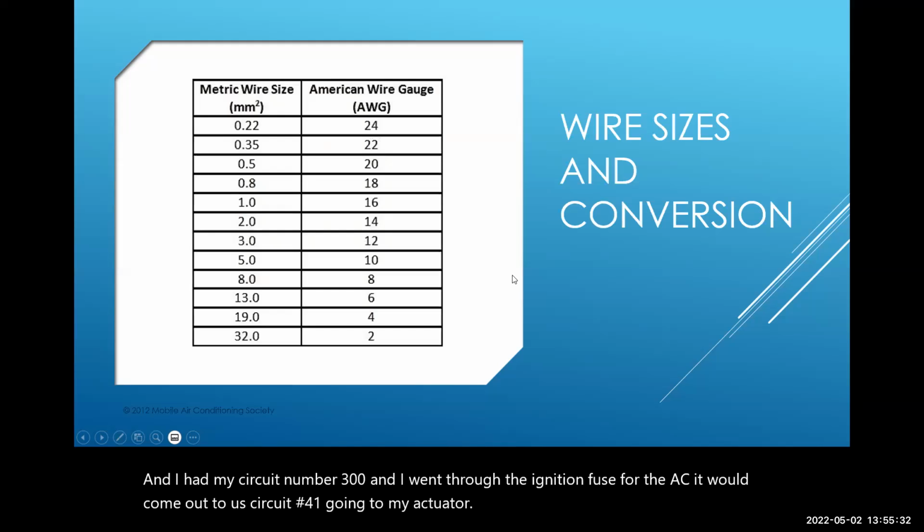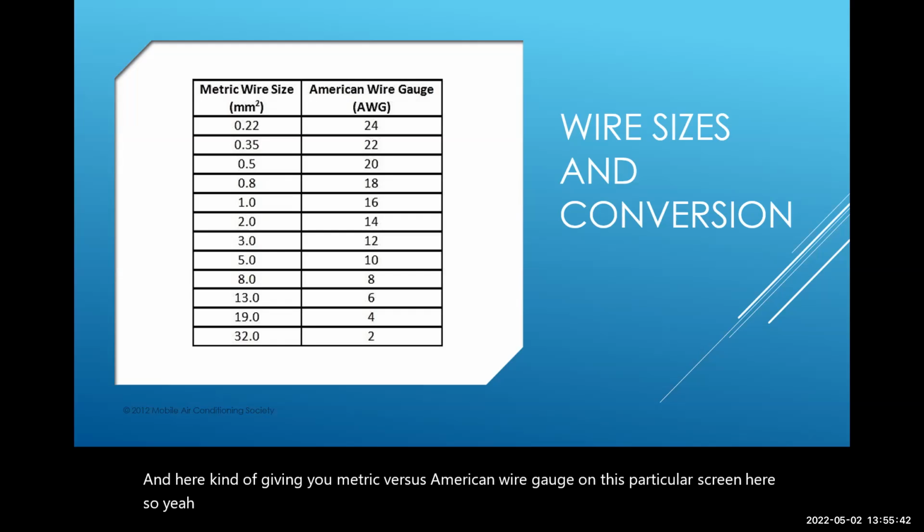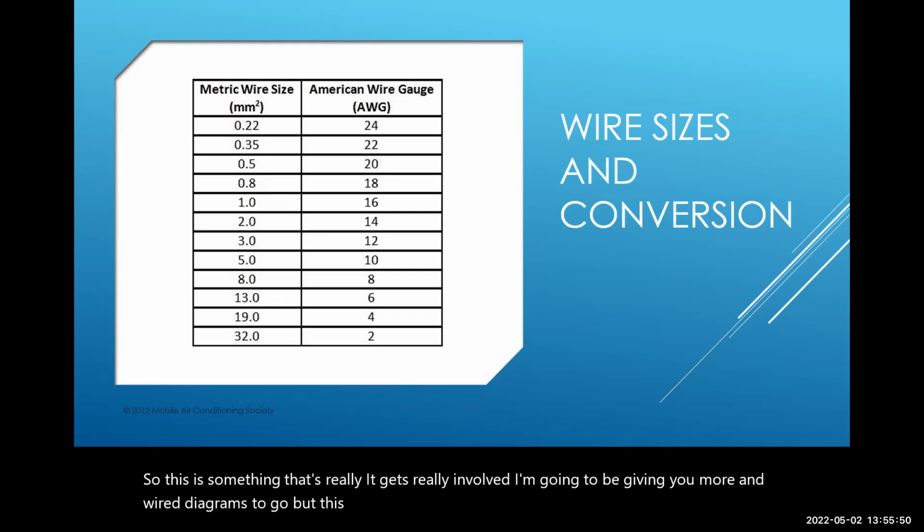And here, kind of giving you metric versus American wire gauge on this particular screen here. So yeah, this is something that gets really involved. I'm going to be giving you more wire diagrams as we go, but this is just kind of a basic overview. Hopefully this is helpful.